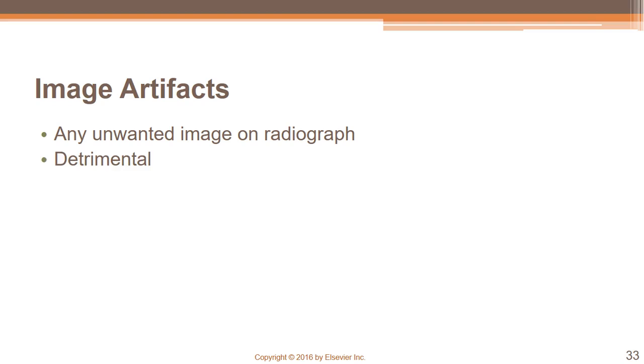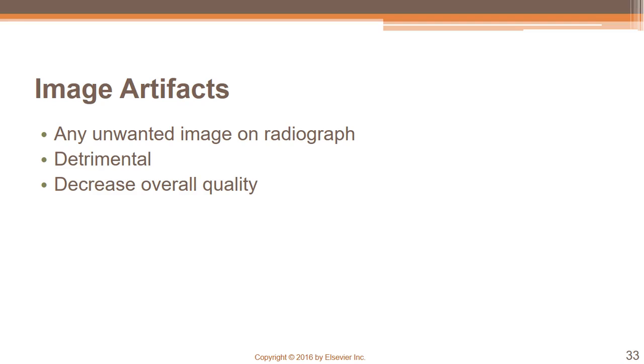Artifacts are detrimental to radiographs because they make visibility of the anatomy or pathology or patient identification information difficult or impossible. So if you have an artifact that covers up any part of the anatomy, it's possible it's covering up some pathology. And what if you have covered up the name of the patient or something else that identifies that patient? It also decreases the overall quality of the image.